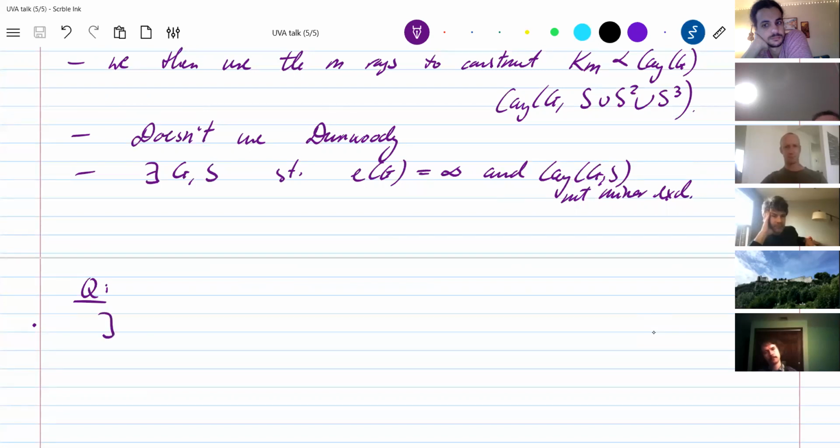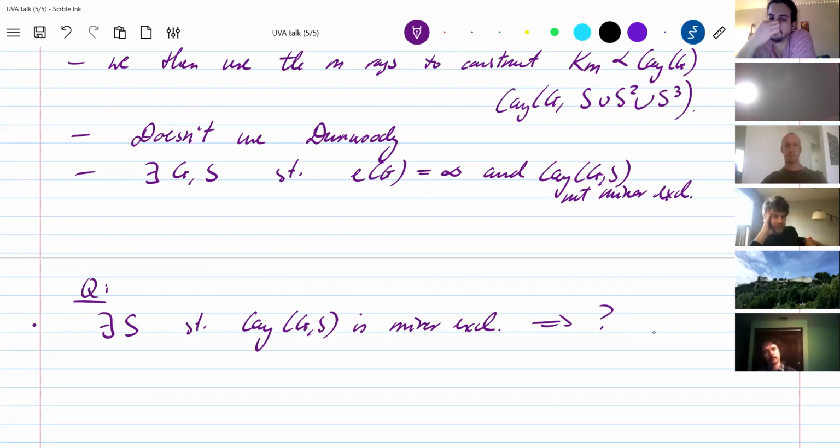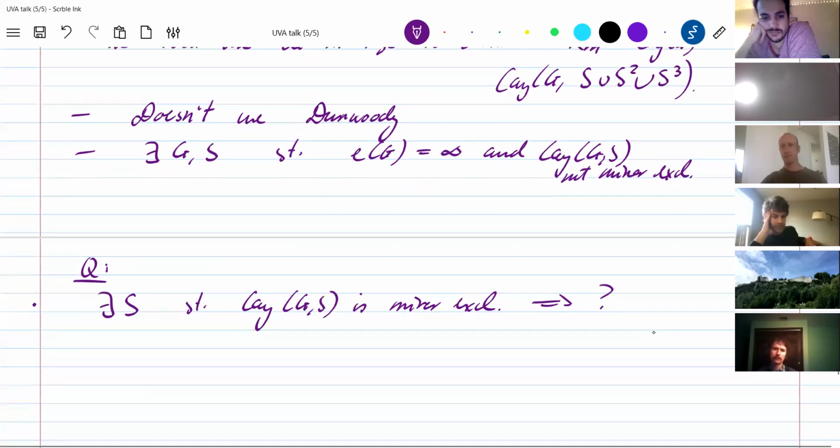So what if there exists some generating set such that the Cayley graph is minor excluded? What does this imply for the group? Can we find a nice group theoretic characterization of this property?